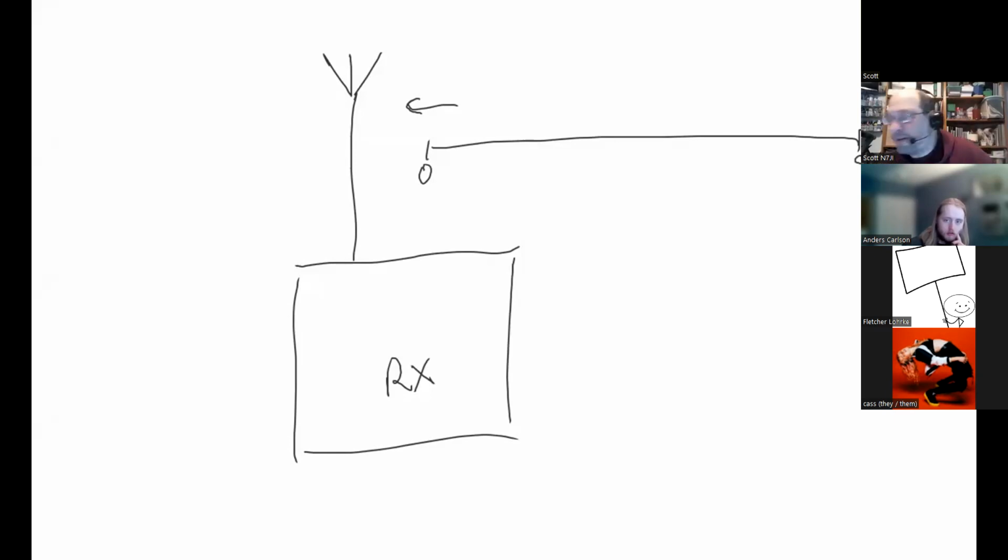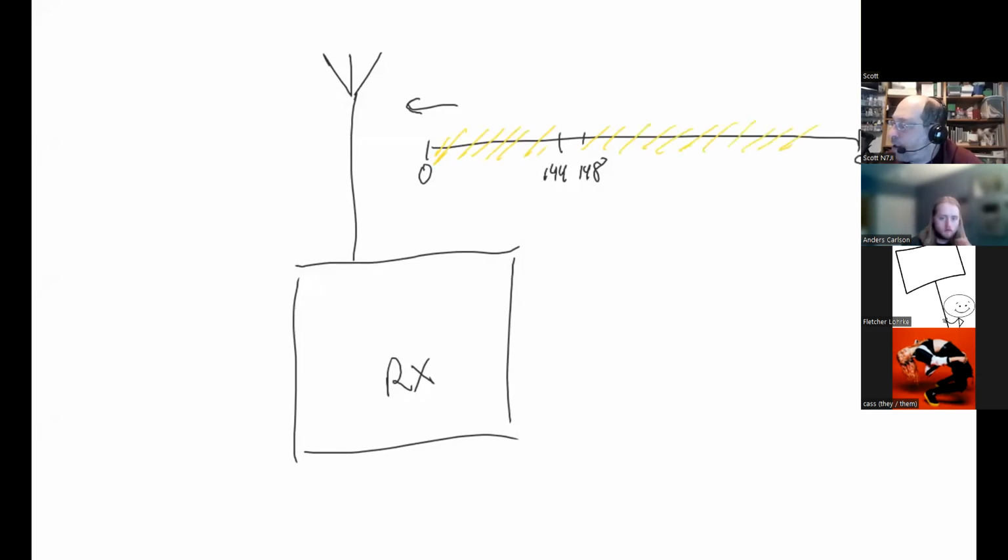No. Oh, the receiver. Yeah. Okay. So let's say you want to tune the receiver to 144 to 148 megahertz. What is the receiver's job to do at that point? To filter out all the frequencies outside of that range. Yeah. Basically, you want to eliminate those with filters.